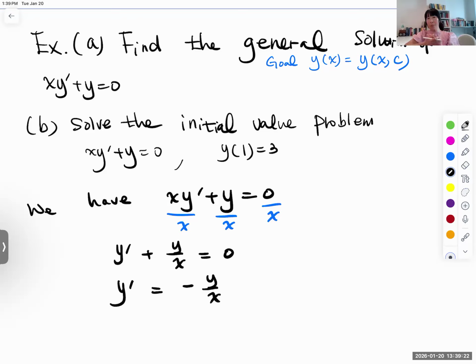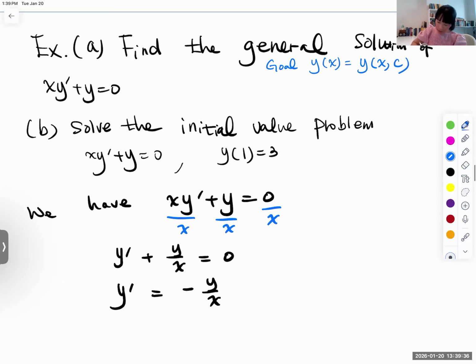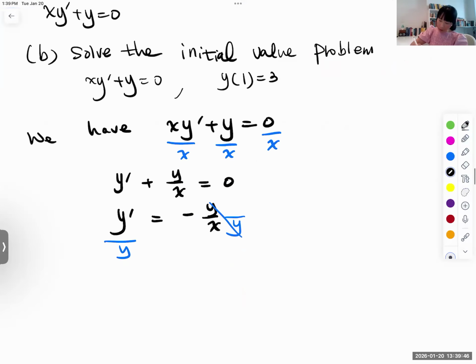Okay, now we keep the x on the right side. We move the y to the other side, right? So multiply by 1 over y. Okay, so there will be y prime over y equal to negative 1 over x. Yeah.